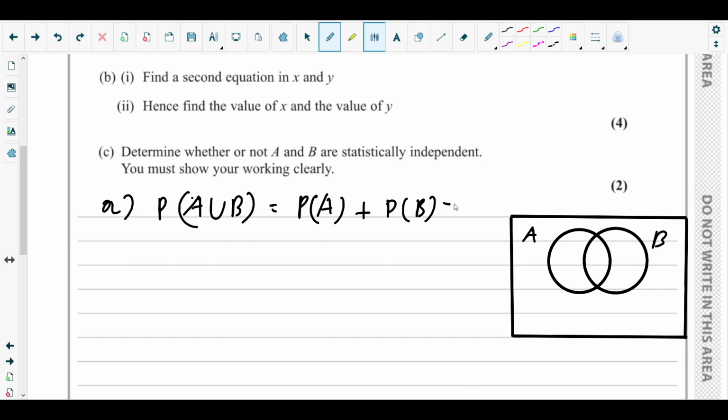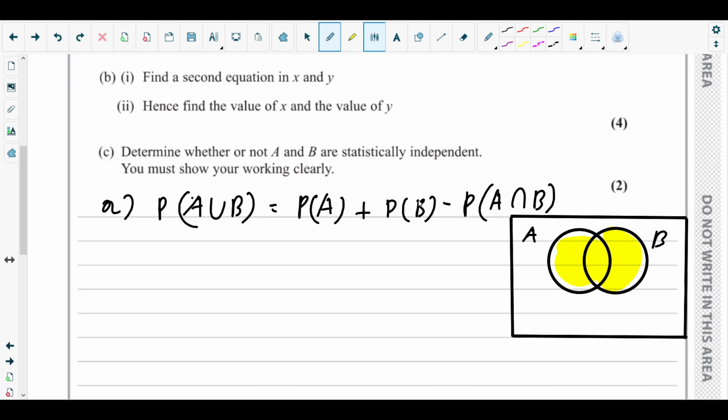Why minus? When you consider probability of A, the whole part is considered once. Again, when you consider probability of B, this intersection is also coming with it. So basically the intersection part has been considered twice. In order to balance it, we subtract probability of A intersection B. So there's nothing to memorize. The formula is not required to be memorized. You need to understand the concept behind it.